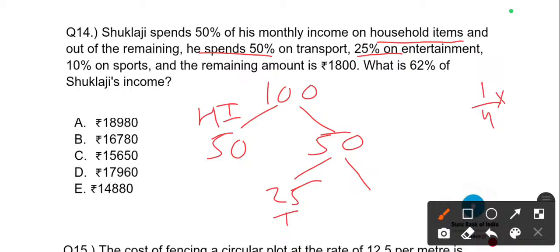So 1/4 of 50 is spent on entertainment, and remaining will be 3/4 of 50.